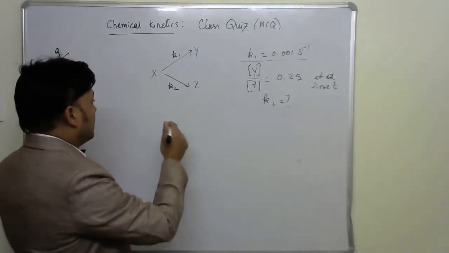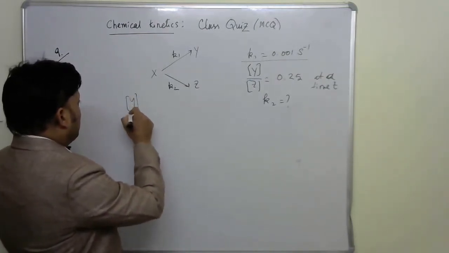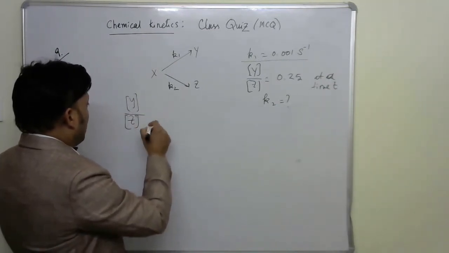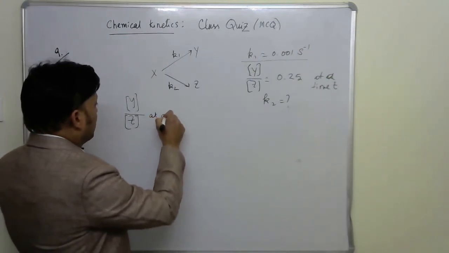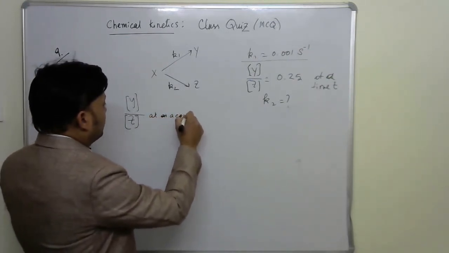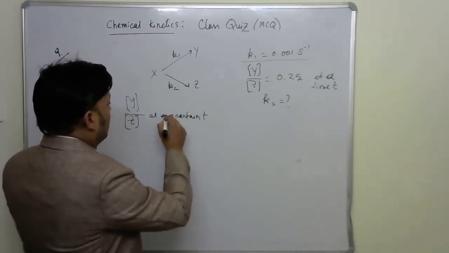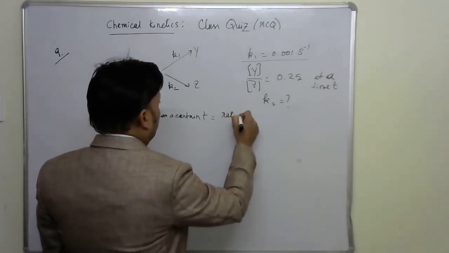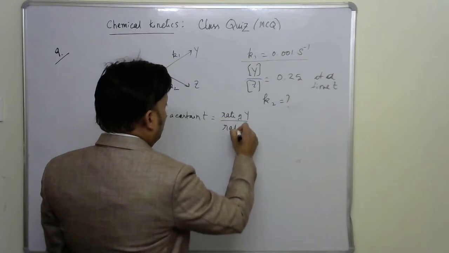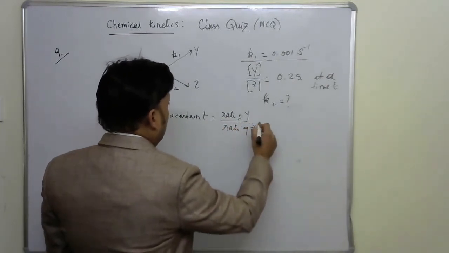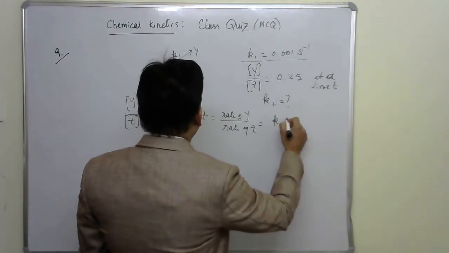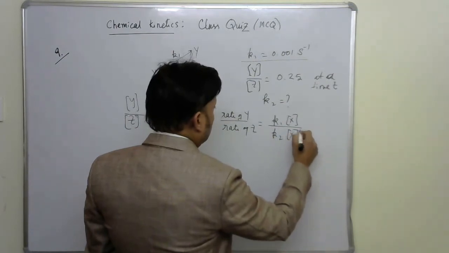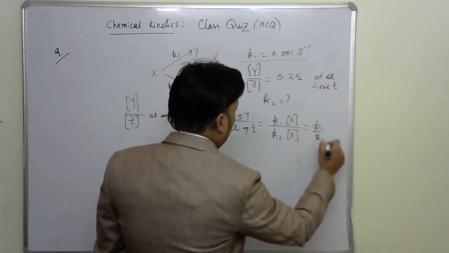So we can say that the concentration ratio of Y to Z at any time t is equal to the rate of formation of Y divided by the rate of formation of Z, and that is equal to K1 concentration of X divided by K2 concentration of X, or basically K1 divided by K2.